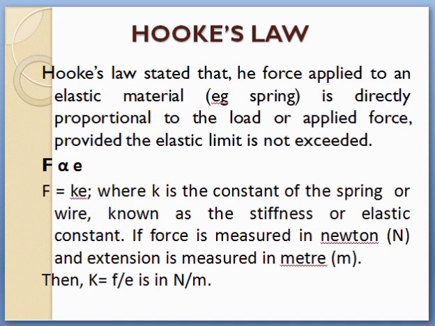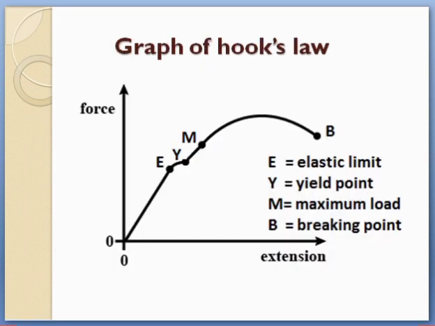If force is measured in Newton and extension is measured in meter, then we have K, which is the force constant, equal to force divided by extension. So we have our force constant measured in Newton per meter.